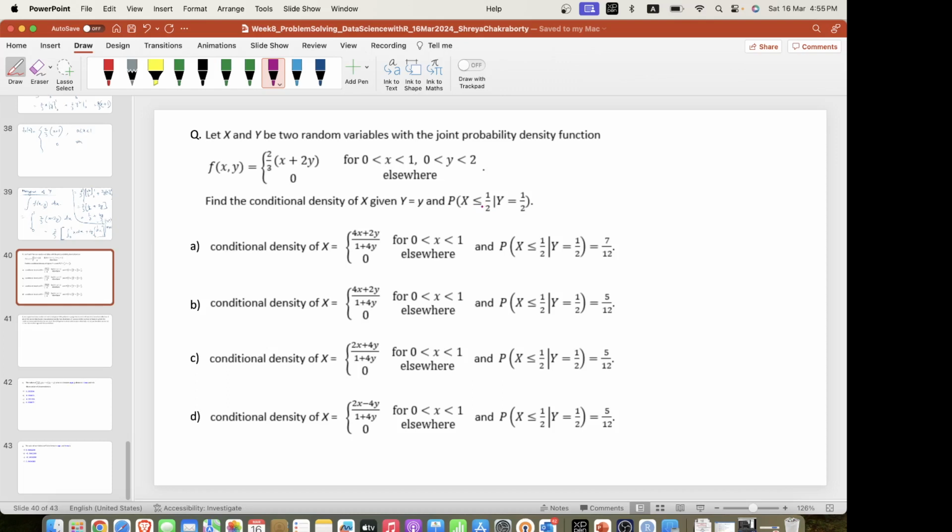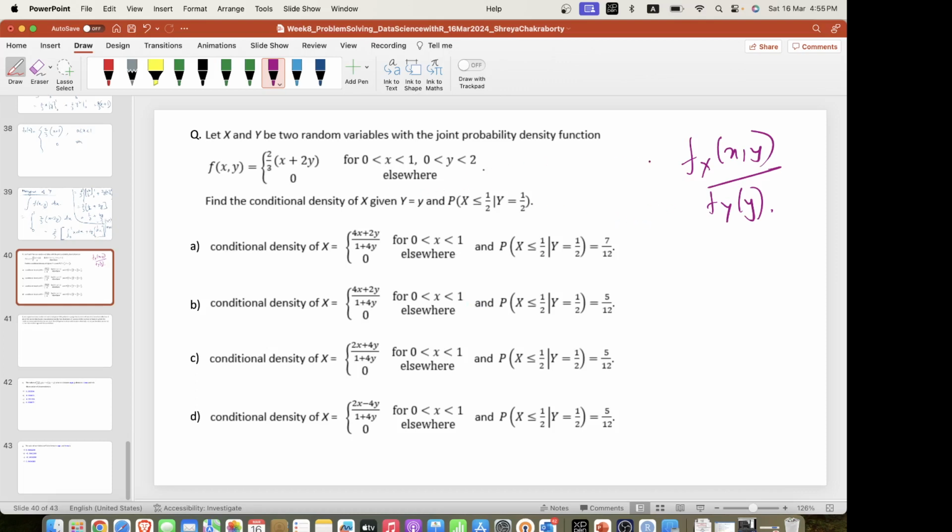Now, if we have to find the conditional distribution, then if we remember, f(x,y) by, we want x given y, so it should be f_Y(y). Now here, what we want is the joint probability function upon the marginal. So, we'll have to first find the conditional distribution.